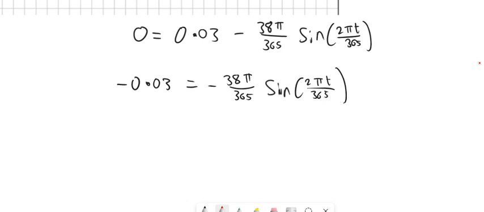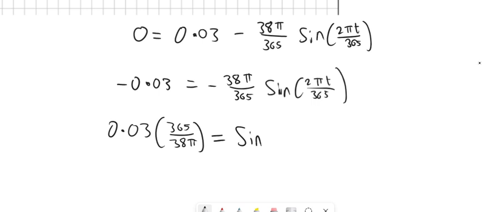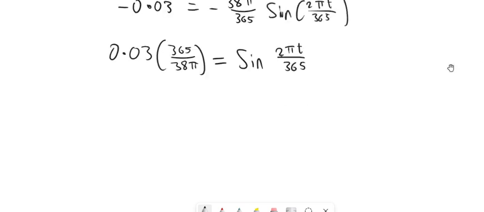A minus divided by a minus will become a plus. So we're going to get 0.03 times 365 over 38 pi. I'm flipping it upside down so I can do that. So that's equal to sin of 2 pi t over 365, and then I can bring the sin across and do sin inverse of the other side.